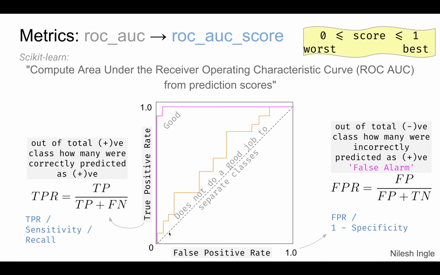In this plot there is a diagonal dotted line, and curves closer to that line tell us that the models are not good at separating the classes. The farther you go away from this line towards the line shown here in magenta, the better the model is at separating the data points. So a value of 1 is considered good, and lower values are considered not good.